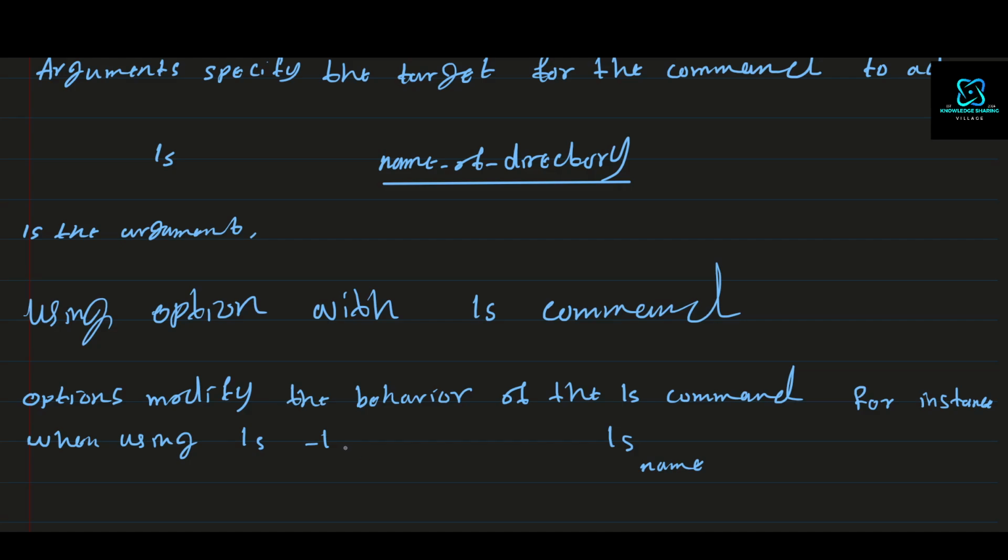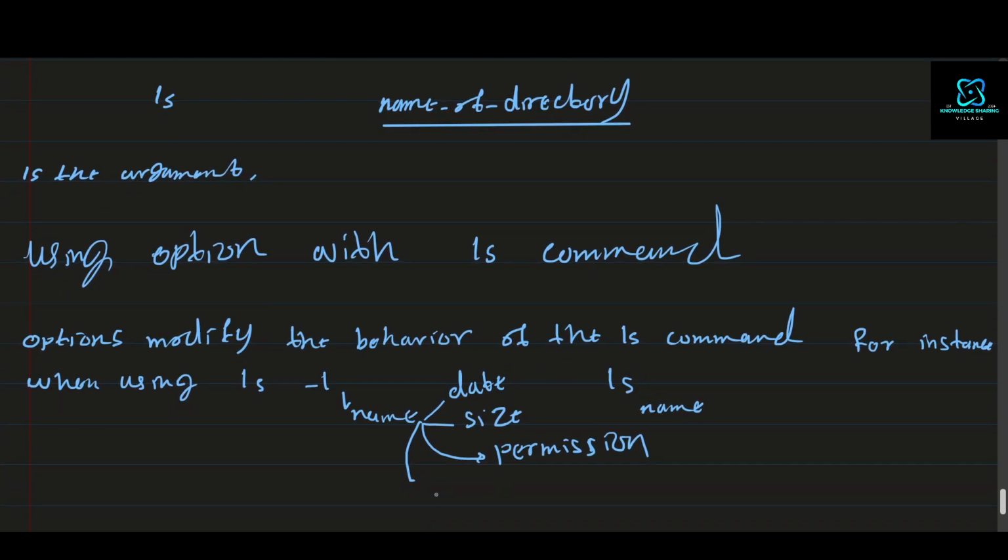Then not only will we see the name, we will also see the modification date, the size of each item, which kind of permissions they have, and whether the item is a file or directory.